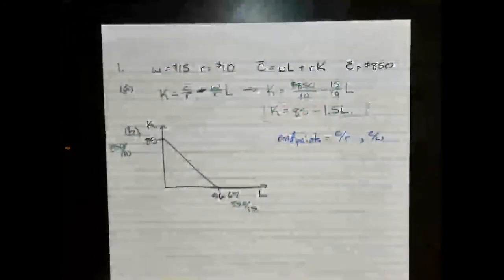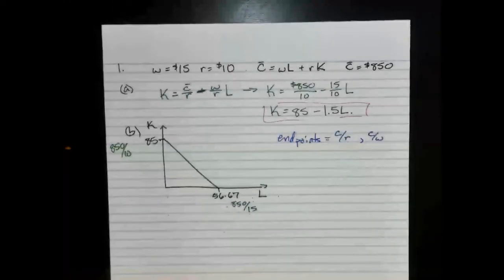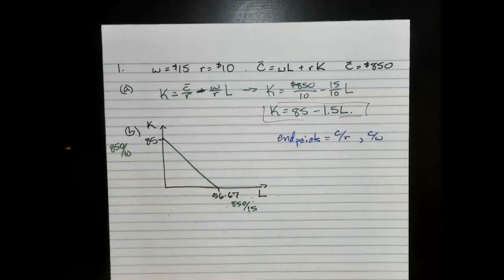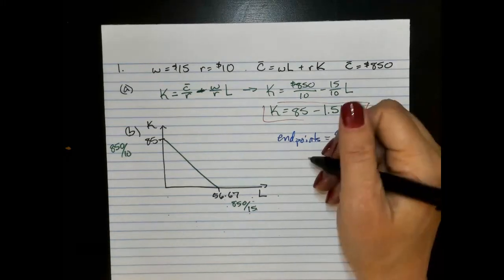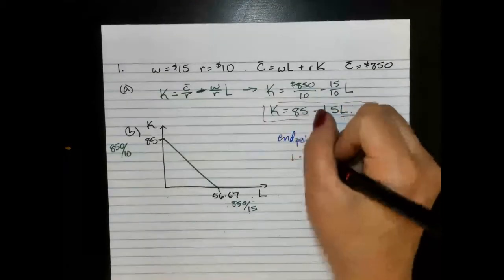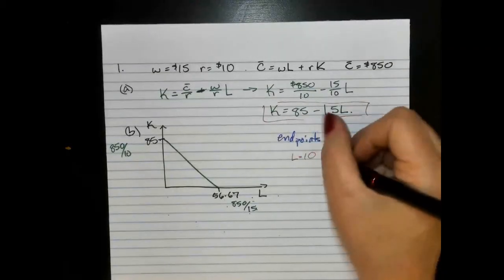We want to remember that we could also use this formula to solve for different levels of capital and labor. So if I wanted to see, okay, if I use L equal to 10, what is my capital going to be?